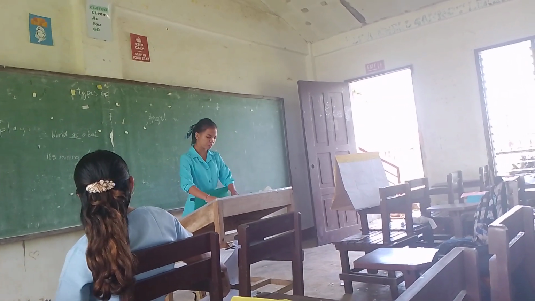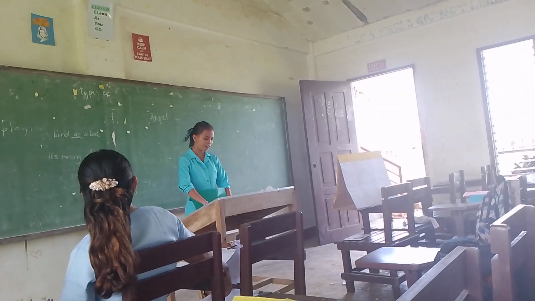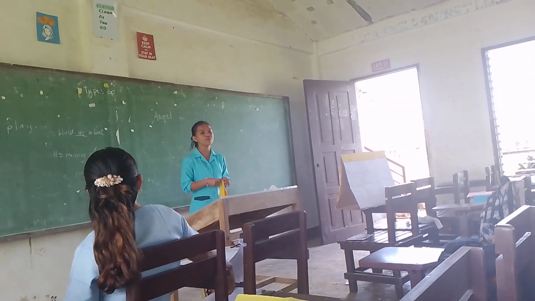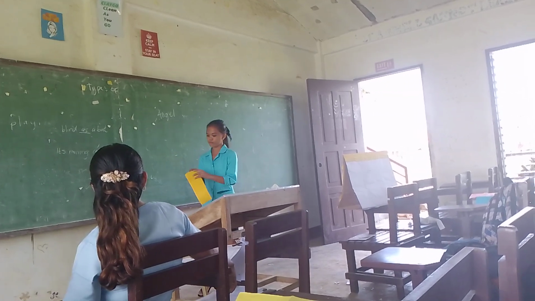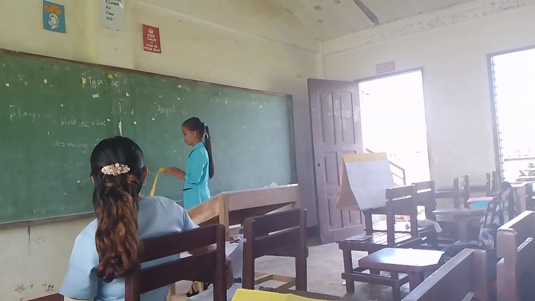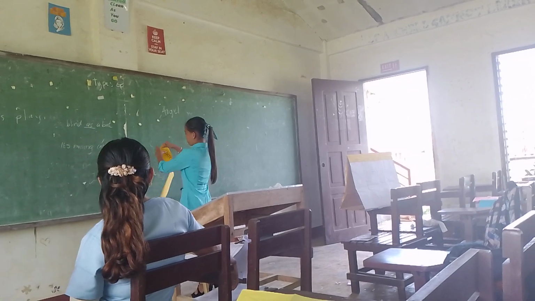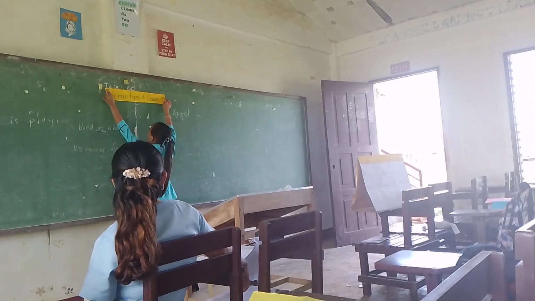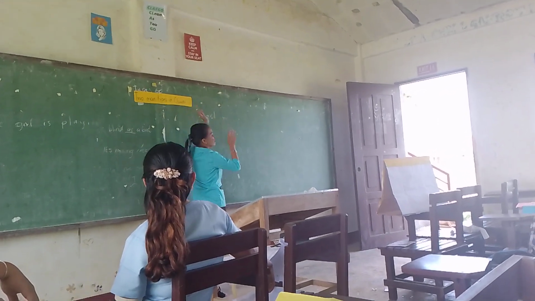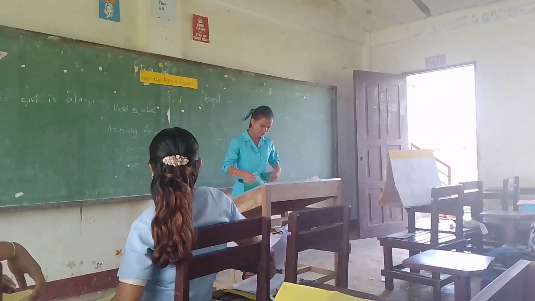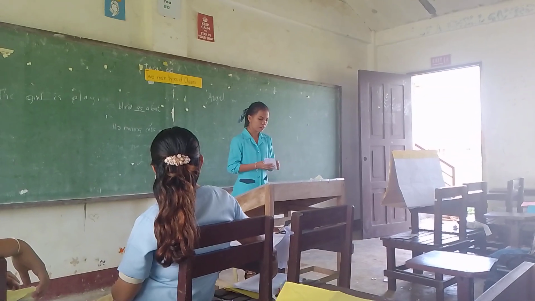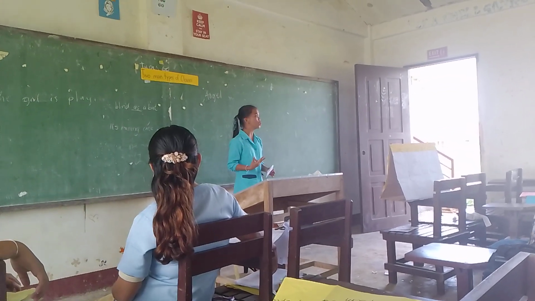So today we are going to tackle the two main types of clauses. But before that, let's have an activity first, okay? So I will group you into two groups.